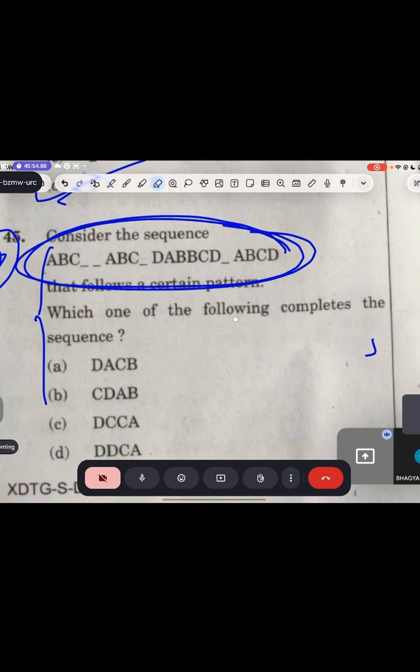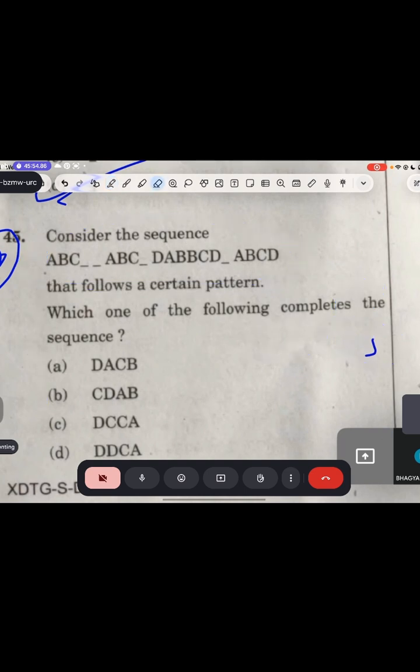So guys, let's analyze actually. So guys, A, B, C, then I can put here D. So here C will not be there. This is an option. Then I can put here D. Then A, B, C, C. Then here A. Now you might be thinking, what is the pattern here?